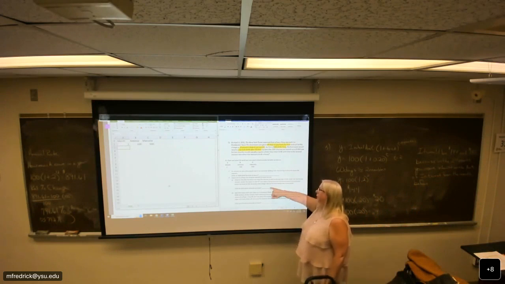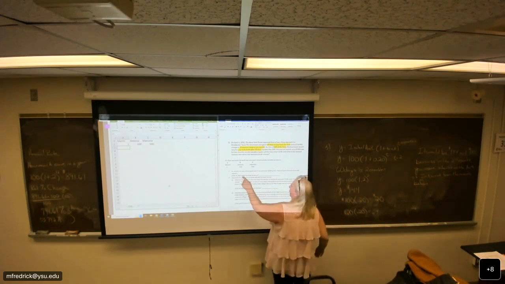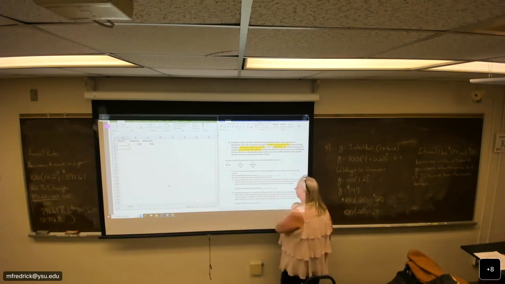For these fill in the blank ones, if you want to just on your paper put A30 and then write the formula next to it, B30 and the formula next to it, that's fine.